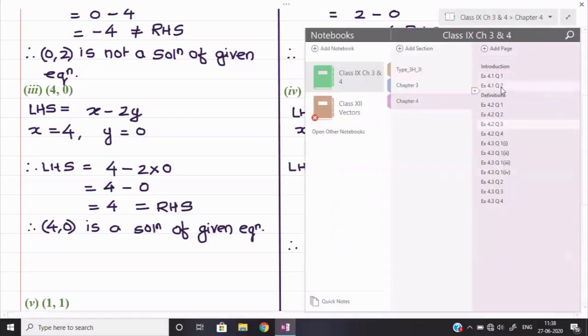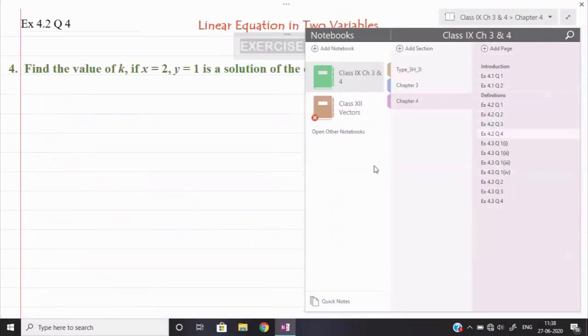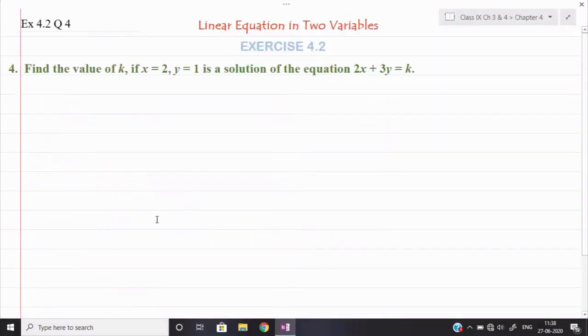See, in the 4th question it is given: find the value of k if x equal to 2 and y equal to 1 is a solution of the given equation. This means when you keep the value of x equal to 2 and y equal to 1 in the equation, LHS and RHS will be equal. So we shall utilize this concept and find out the value of k.